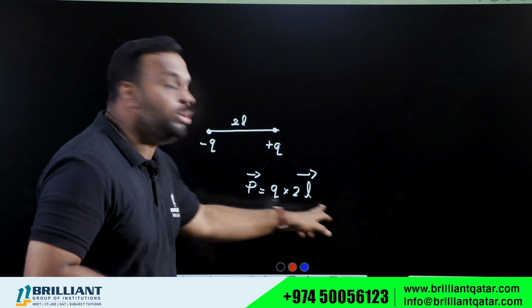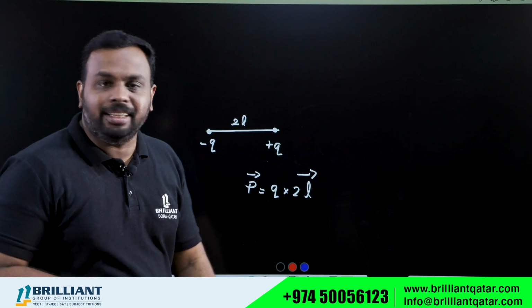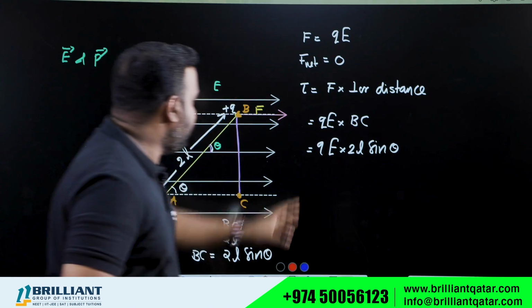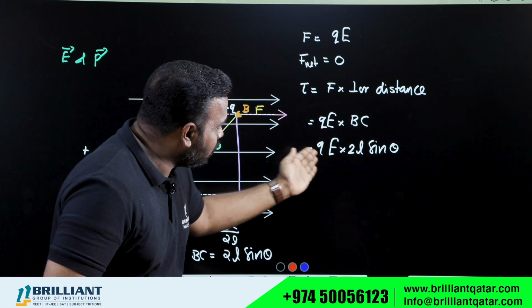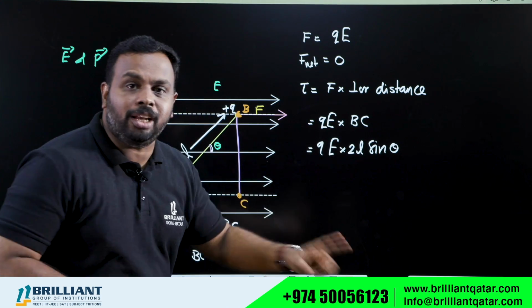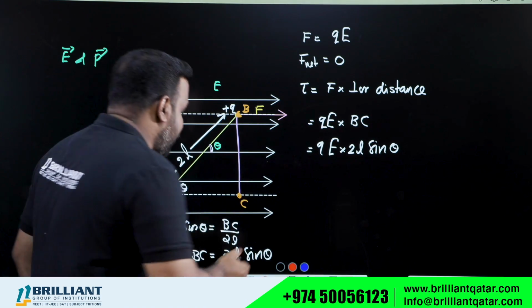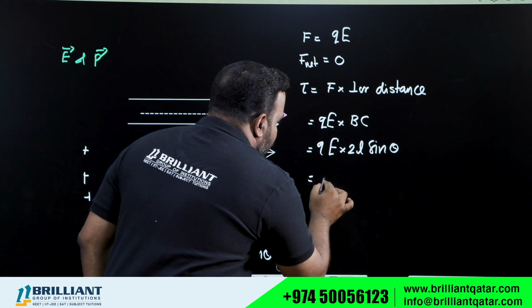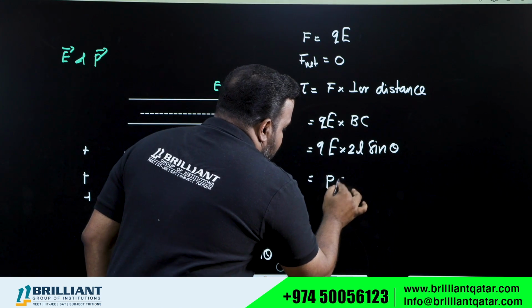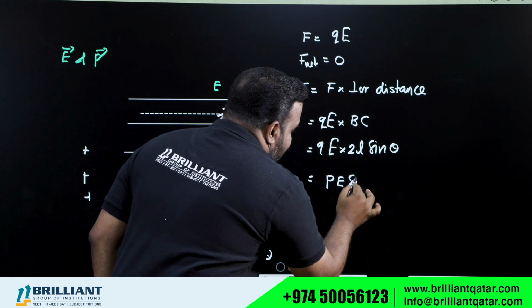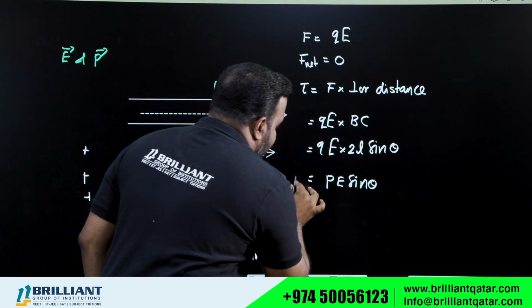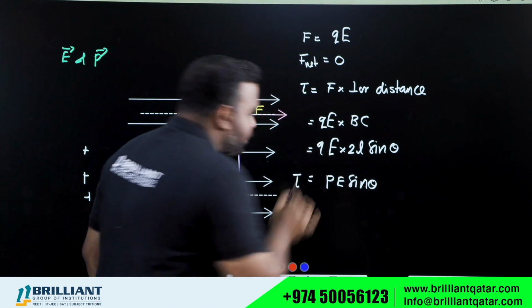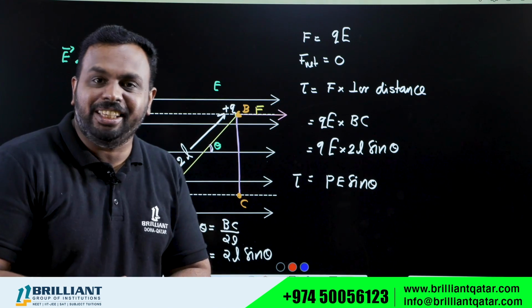We know that Q into 2L is the dipole moment P, right? So in this we have an equation QE into 2L sine theta. What is Q into 2L? Dipole moment P. So you can replace that Q into 2L by the letter P. So we can see it is P into E sine theta, right? PE sine theta. Okay, this is the torque. Magnitude of torque, we got it is PE sine theta.